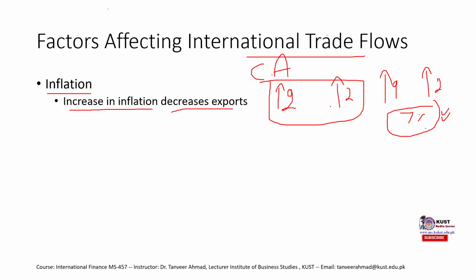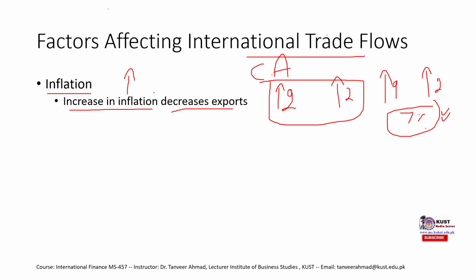Okay, so if a country's inflation rate increases relative to the inflation rate of another country, then its current account can be expected to decrease. So in this scenario, if Pakistan's inflation is increasing by 9% and US inflation by 2%, then Pakistan's exports would decrease. Now, why is that so? The reason is that by inflation we mean the increase in general prices of commodities, right?